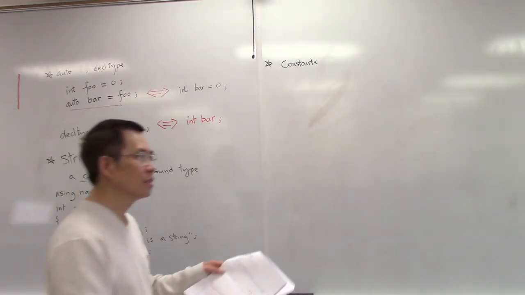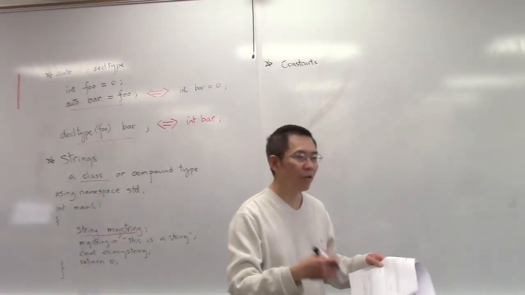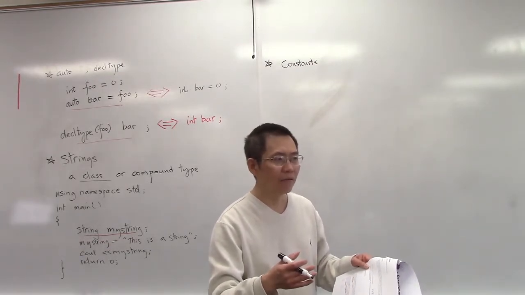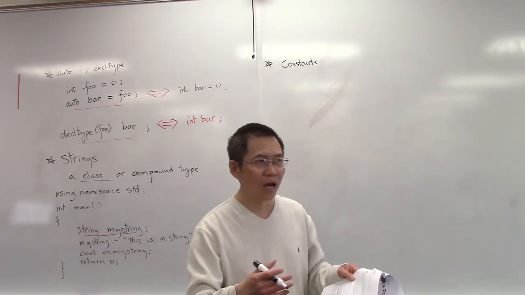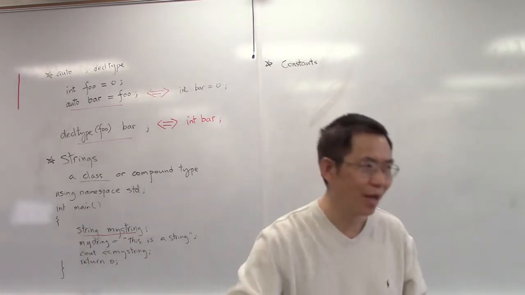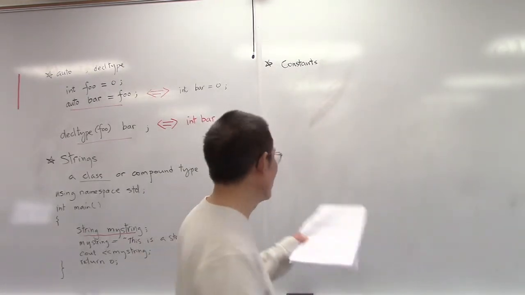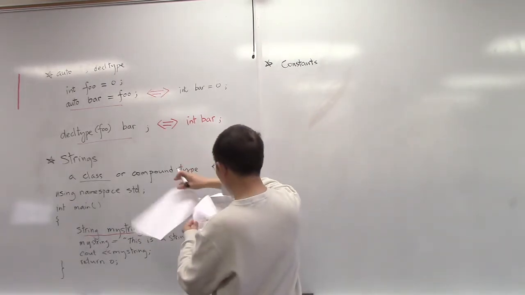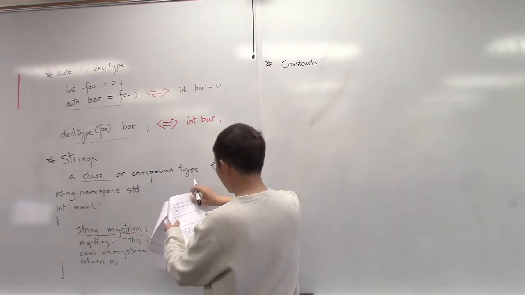For example, instead of writing 3.1415926 and so on as the pi value, if we define that as a constant, it will be very convenient, right?